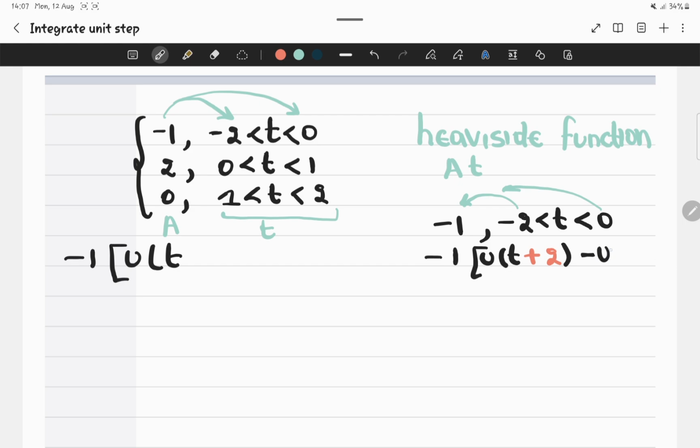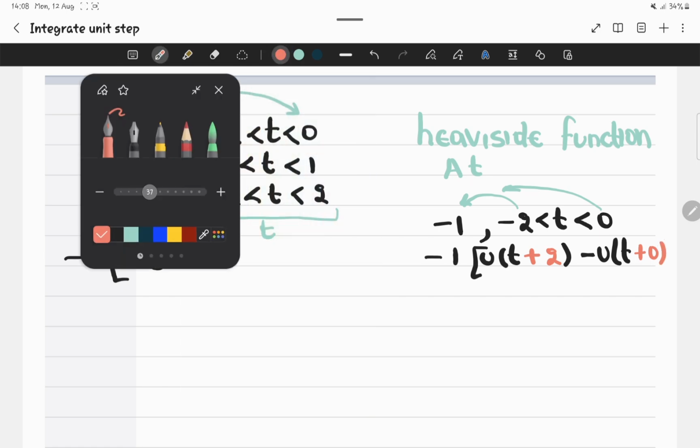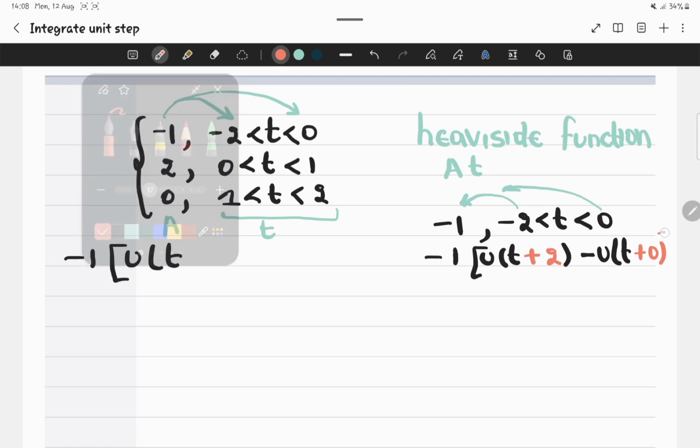Then you continue with t. If you move 0 to the other side, since 0 does not have a sign, it's going to stay as +0. If it was another number, we would put a negative in there.